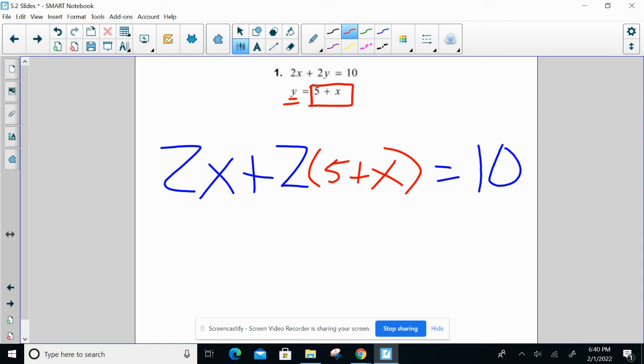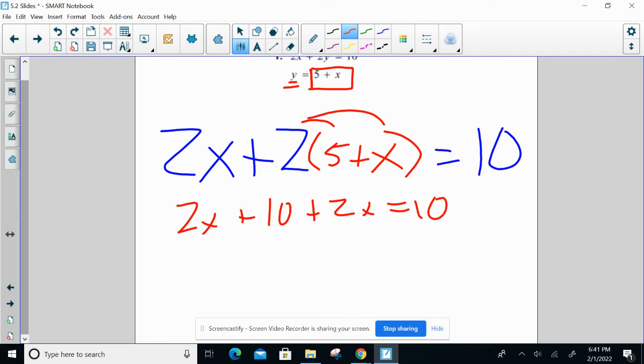There you go. Now we have something we can solve. We have an x here. We have an x here. We're good to go. Distribute. So let's see here. 2x plus 10 plus 2x equals 10. Put my two x's together. They're on the same side, so I just combine my like terms.